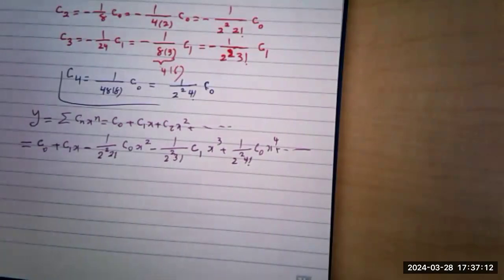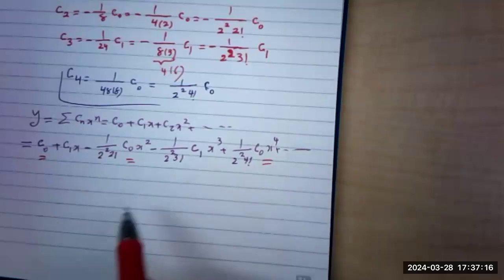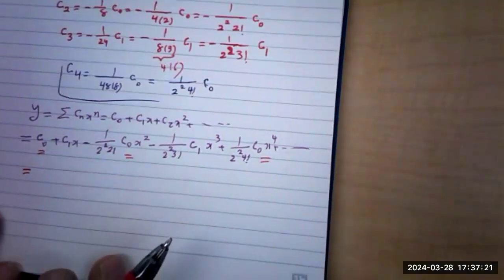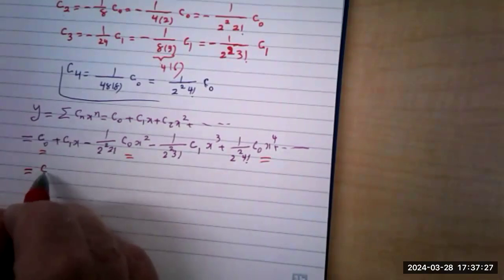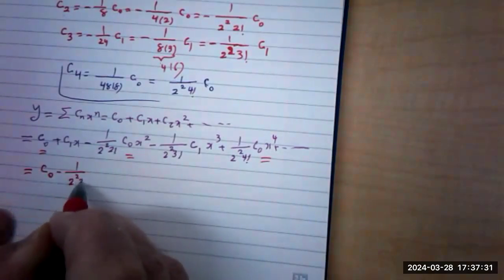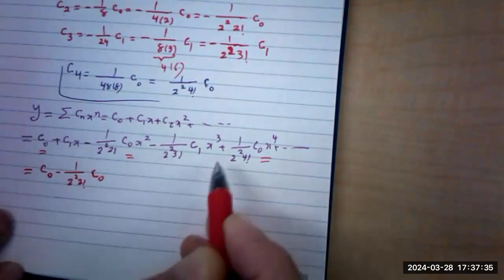Look at this. You have some with the C naught, so I'm going to group them into two parts. I factor out the one with the C naught and put them together. I have the C naught minus 1 over 2 squared times 2 factorial C naught.